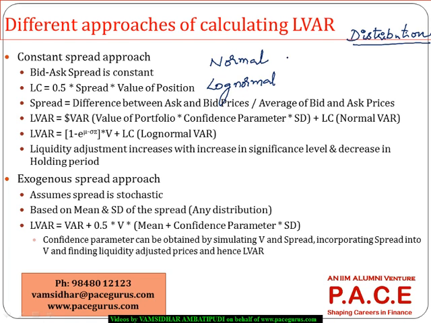When we are talking about a normal distribution, we know that the VAR is nothing but the standard deviation into the confidence factor, Z alpha. So if I am taking standard deviation in percentage terms multiplied by Z alpha, that is my VAR percent.